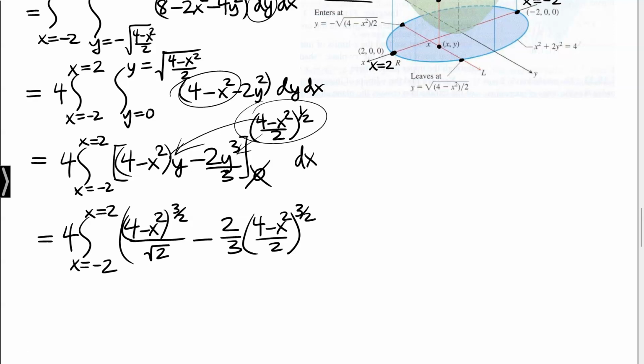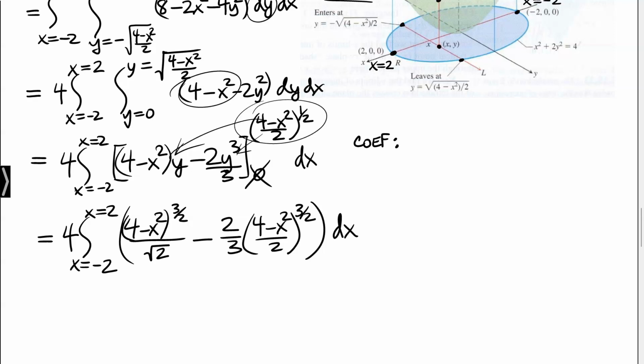So you see why I used fractional exponents. We see that these are really like terms in terms of 4 minus x squared to the 3/2. We just need to figure out what the coefficient is. So that may be a little bit tricky. Let's see. I'll just write here, coefficient of 4 minus x squared all to the 3/2.